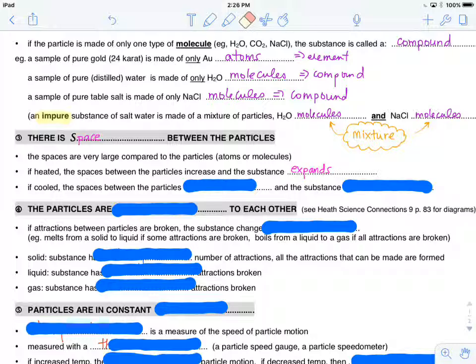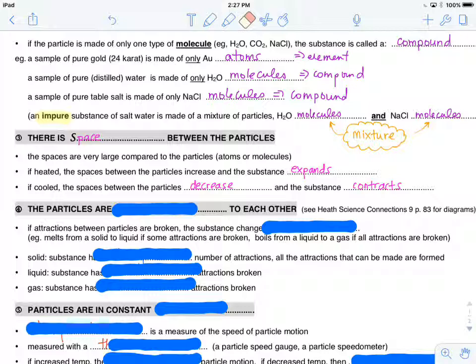If we cool a sample down, then the spaces between the particles decrease, and the substance contracts. And we see this very, very often. We see it all the time in examples where we're looking at changes of state. And we're going to talk a little bit more about those changes of state tomorrow.